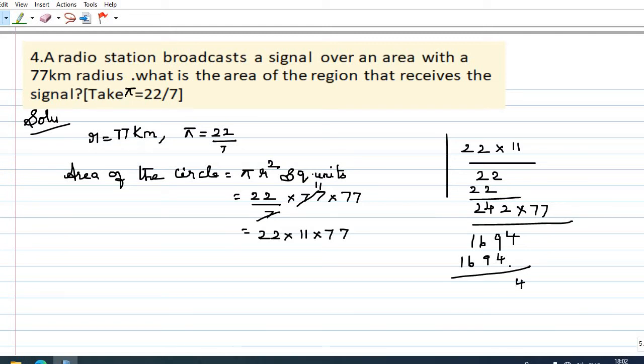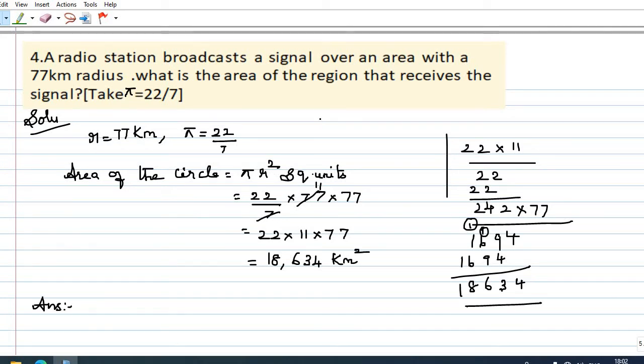So 4, 3, 1 carry over, which is 16. 1 carry over, 8, 1. So the final answer is 18,634. What is the unit? Kilometer square. So finally write the answer.